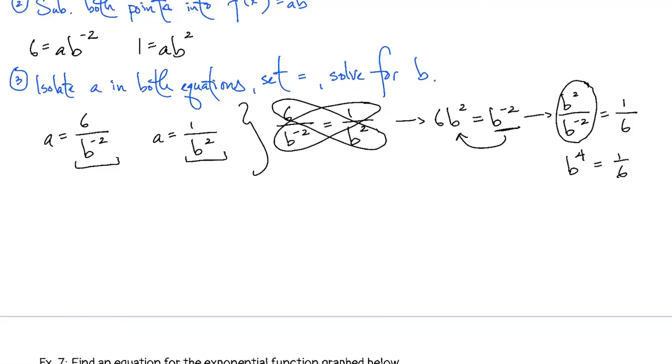We're gonna find the 4th root of both sides. So that's gonna look like b equals, and when I wanna take a 4th root, it looks like a square root, but I have to write a little 4 there before I write the square root, okay? So that doesn't say 4 times the square root, it says the 4th root of that number.